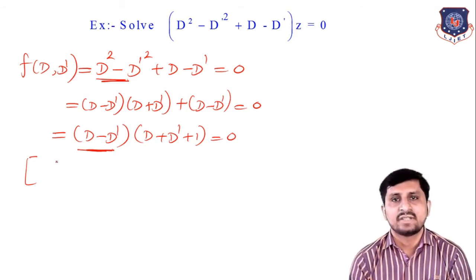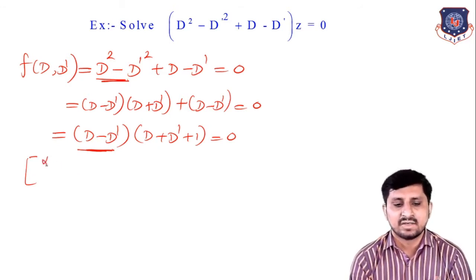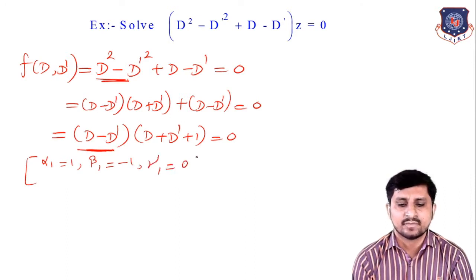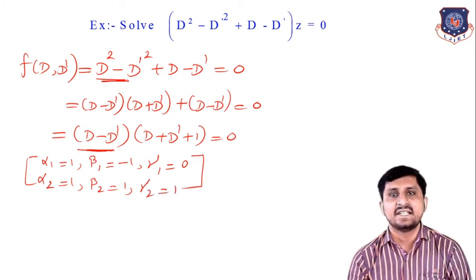Okay, so we know that α is the coefficient of D, β is the coefficient of D', and γ is the constant term. So α1 is equal to 1, β1 is equal to −1, and γ1 is equal to 0. Okay, and α2 is equal to 1, β2 is also 1, and γ2 is also 1 for the second linear operator.